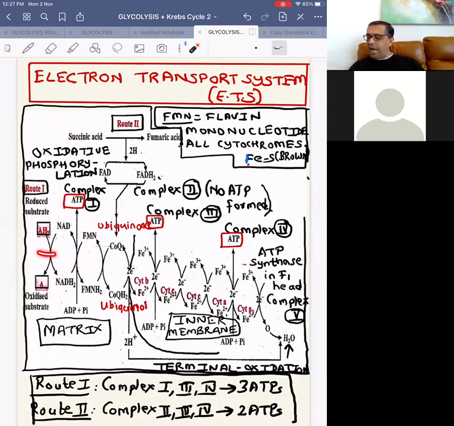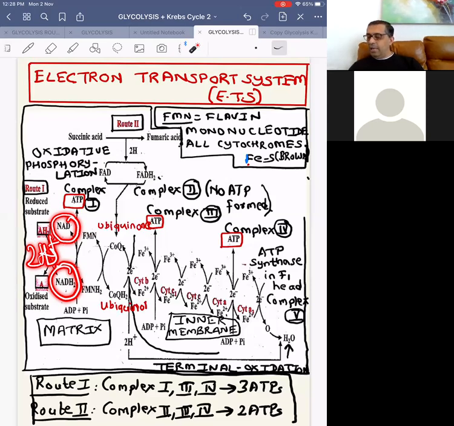NAD, how many times hydrogen will be given, sir? 10 times. Who is the first hydrogen acceptor? NAD will accept the hydrogen and get reduced to form NADH2. Giving away hydrogen is called oxidation. Accepting hydrogen is called reduction.